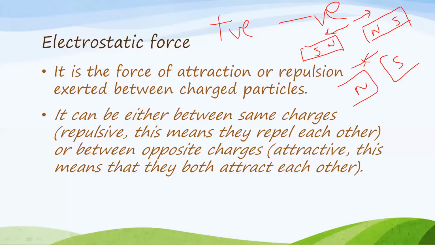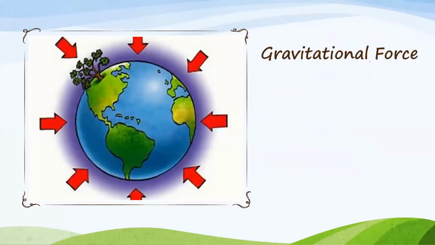They try to move towards each other. So electrostatic force and magnetic force both are non-contact forces because they will exist even without having a direct contact. And both these forces could be either attractive or repulsive based on the pole or based on the nature of the charge.